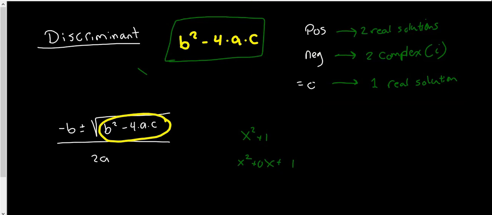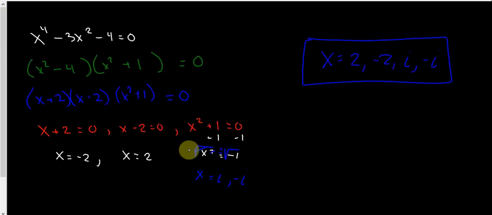So it's not that entertaining, because b squared would be 0 squared minus 4 times a, which is 1, times c, which is 1. So it'd just be 0 minus 4. Oh, well, that's negative 4, which means I would get two complex numbers. Did I get two complex numbers from solving this x squared plus 1 part? Yeah, I did. I got negative i and positive i.